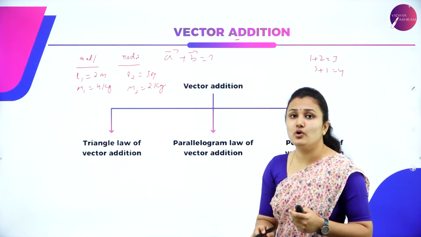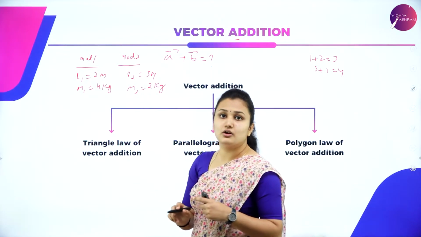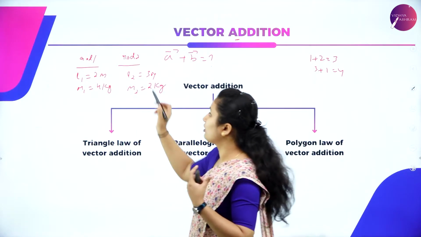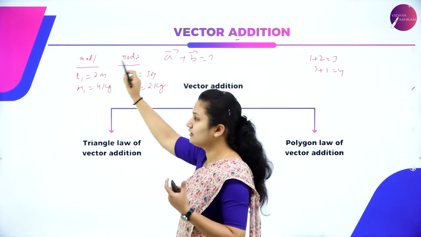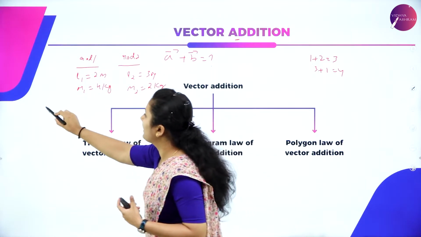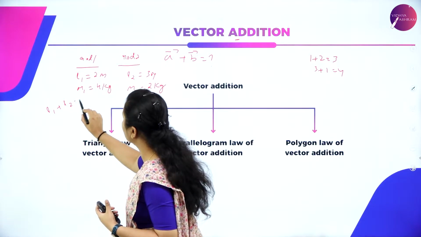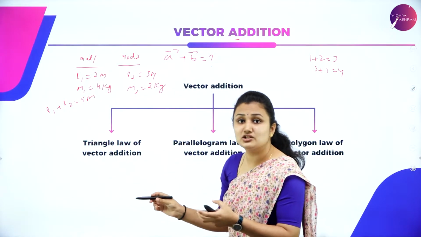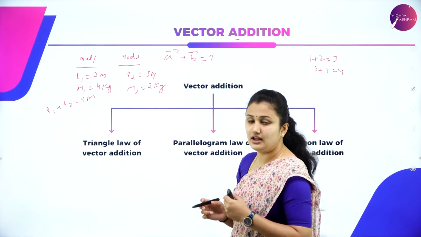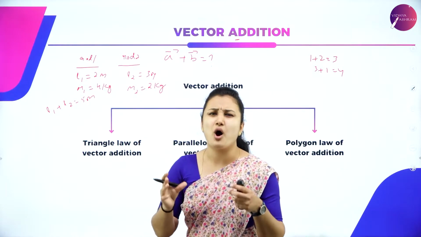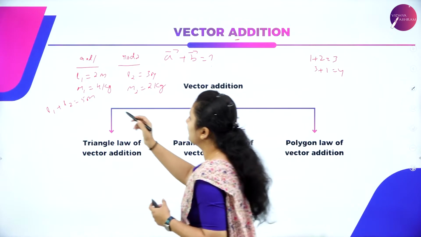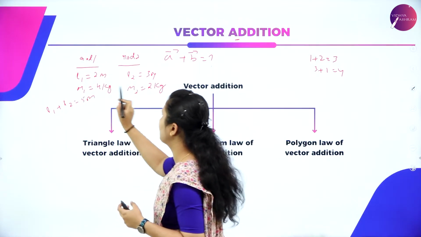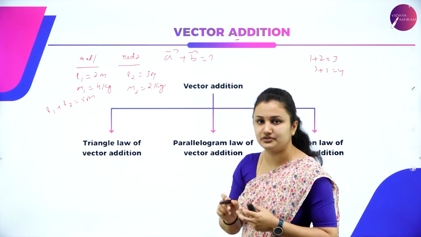I want to know the overall length of rod 1 and rod 2. So I will add L1 plus L2, that is equal to 5 meter. So addition of scalar is easier. Addition of scalar just follows ordinary algebra. So you can add lengths L1, L2, and masses M1 and M2 to know the overall mass of the rod.